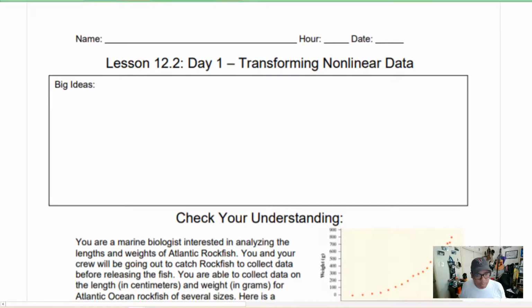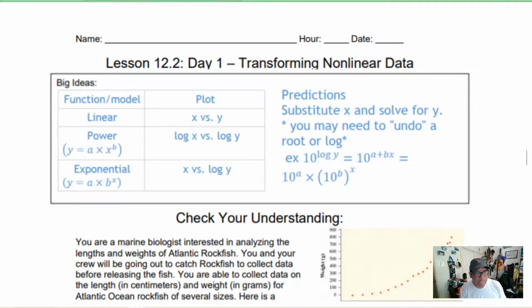Let's take a look at our big ideas here. For our big ideas, we have a plot of different kinds of transformations you could do. Now, the base model that we're always going to use is this linear model where we have x versus y in our plot.